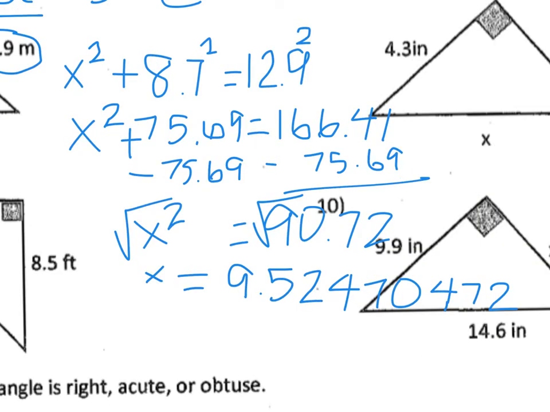So looking at the directions, it tells me that I need to round this to the nearest hundredth. So this is our hundredths place right here. So we need to look at this number to tell us whether to keep the 2 the same or to make the 2 a 3. And because 4 is less than 5, I'm going to keep the 2 the same. So my answer would be x is equal to 9.52.